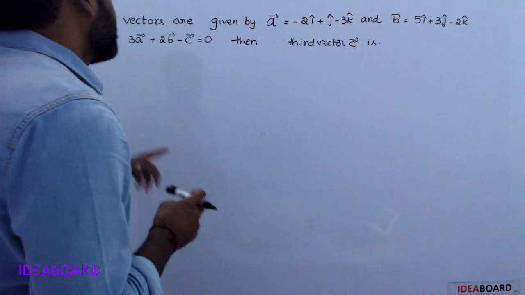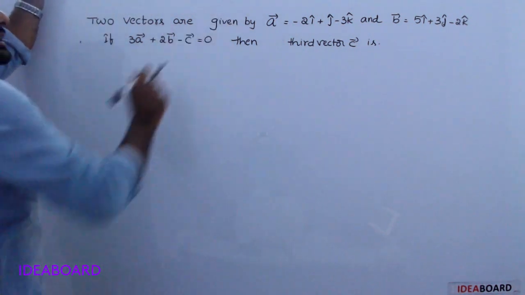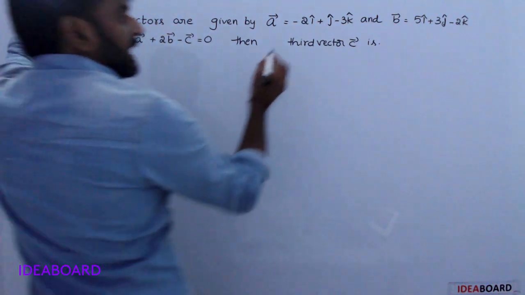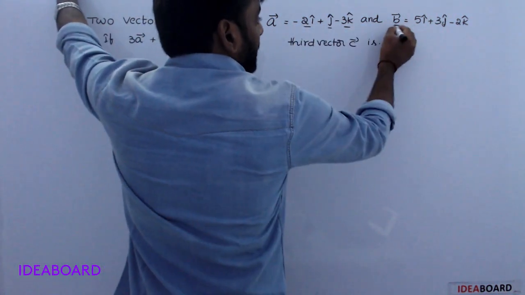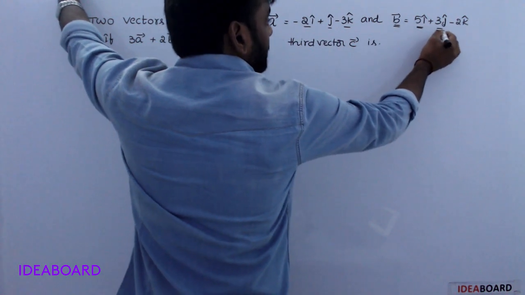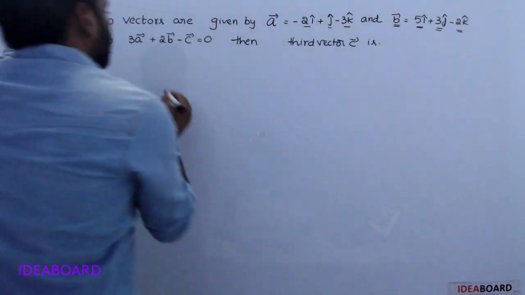One problem based on vectors. Two vectors are given by a bar equal to minus 2i cap plus j cap minus 3k cap, b bar equal to 5i cap plus 3j cap minus 2k cap.